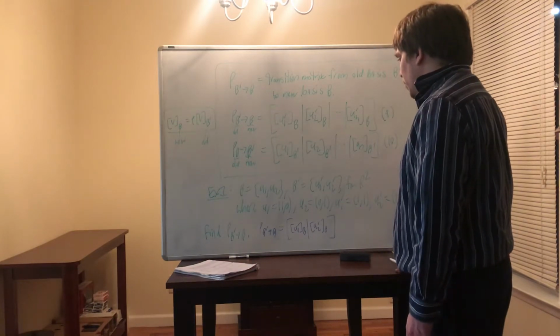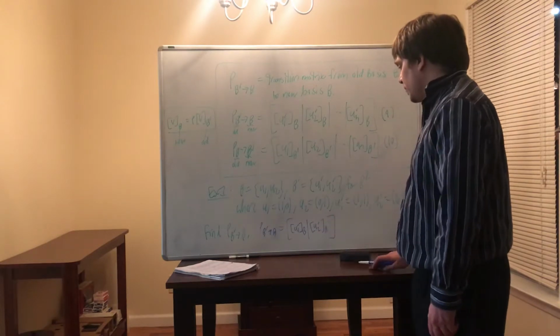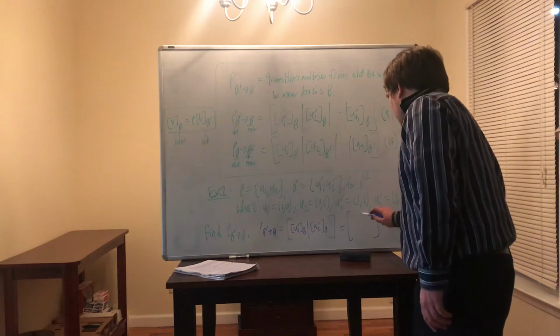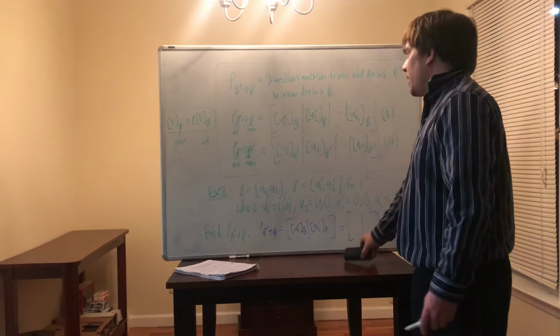So we just need to find those two and then plug them in. This will be the first column, and this will be the second column, and then we'll be done.